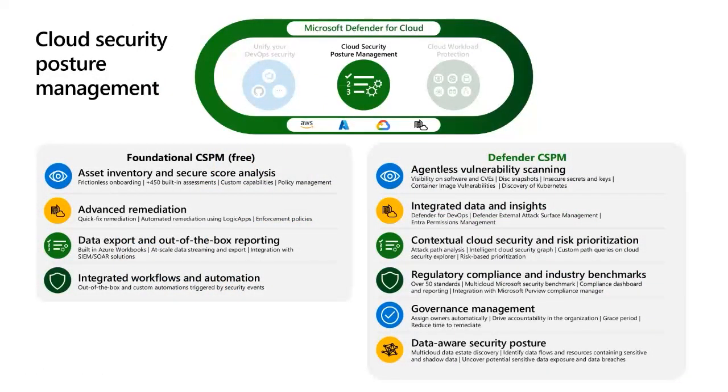The cloud security posture management capabilities are offered as foundational CSPM, which is free of cost, and a paid plan called Defender CSPM. Asset inventory and secure score are calculated across Azure, AWS, and GCP. Then come 450-plus built-in recommendations, data export, and integrated quick remediation, which are all free features.